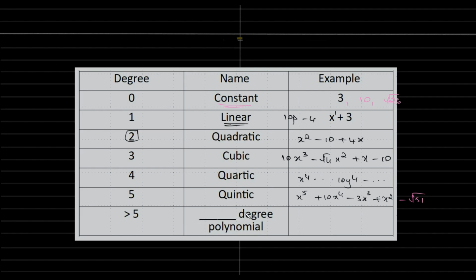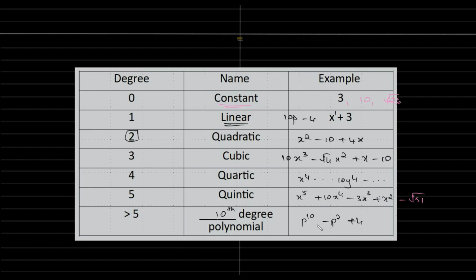And anything after that is read by its number. Say I have something like p to the power of 10 minus p square plus 4. This is a polynomial of degree 10, a 10th degree polynomial.